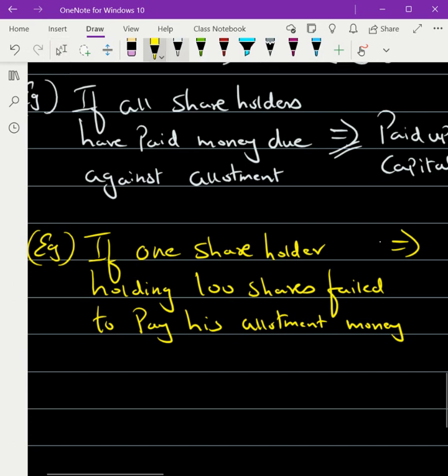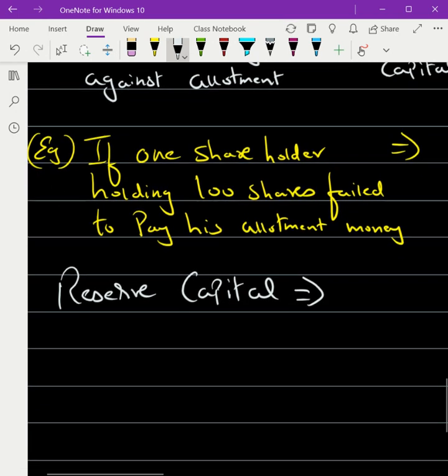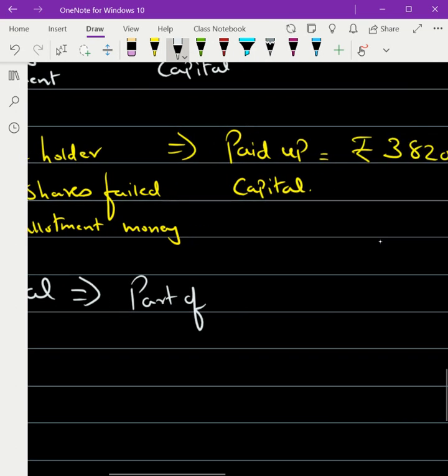So the last category which we are going to see is reserve capital. Reserve capital is a part of what capital? Reserve capital is a part of subscribed capital.